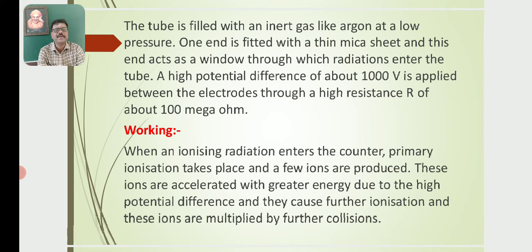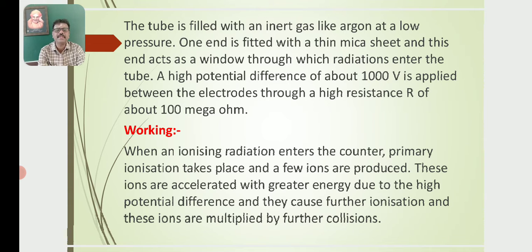A high potential difference of about 1,000 volts is applied between the electrodes through a high resistance R of about 100 mega ohm. So this is the construction of the Geiger-Muller counter.